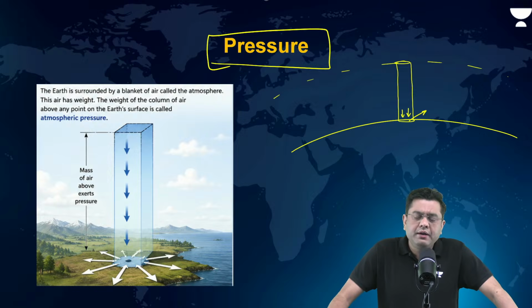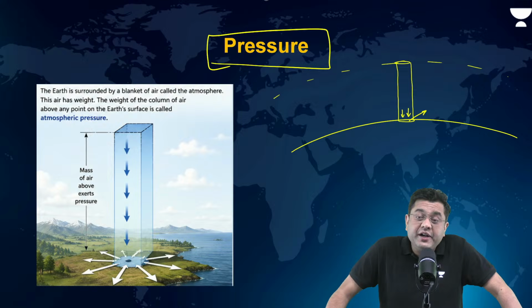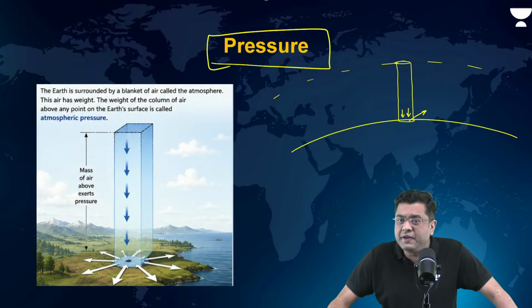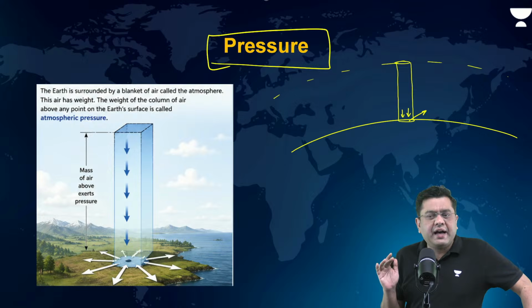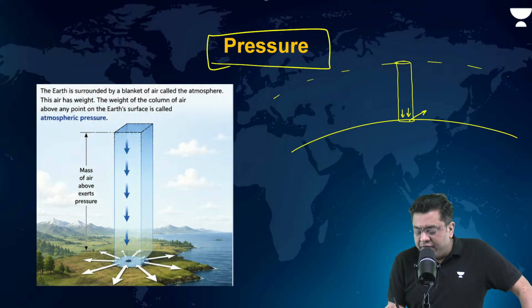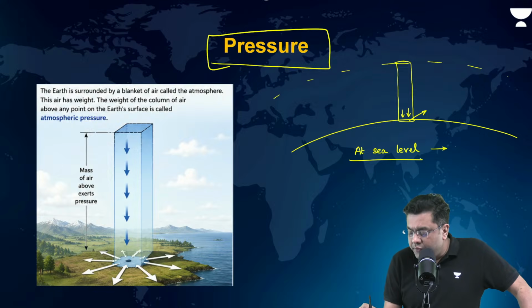Now, this air pressure is not consistent everywhere across the planet. What is the average atmospheric pressure that we have? At sea level, under normal conditions, pressure is 1013.2 millibar.